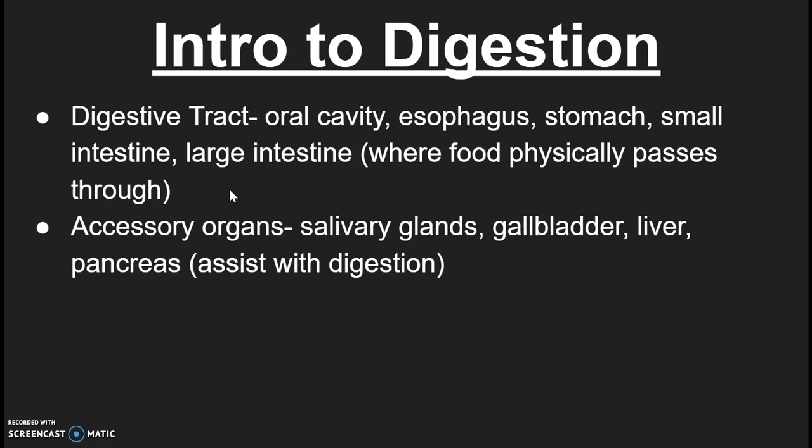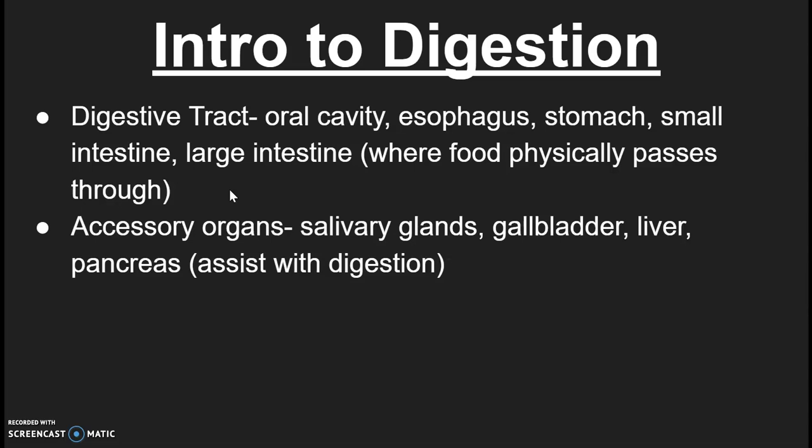There are helpful enzymes there that start part of the process of digestion. The gallbladder is very helpful when it comes to digesting fats. The liver produces a variety of enzymes that are helpful during digestion. And then the pancreas is an important one that secretes many different hormones. The main one to be aware of is insulin, which helps to regulate blood sugar.